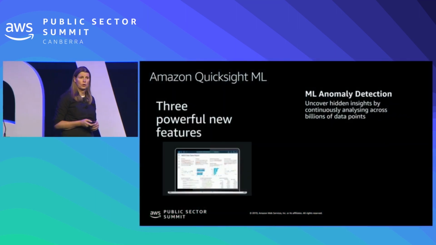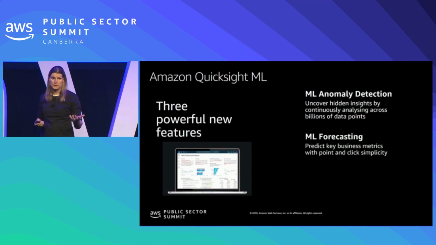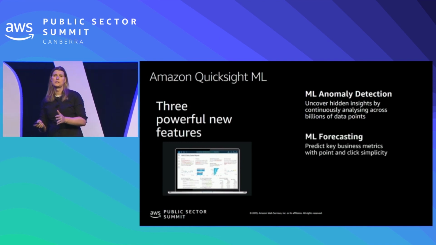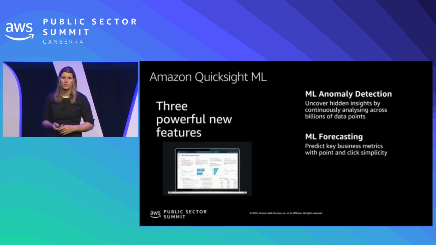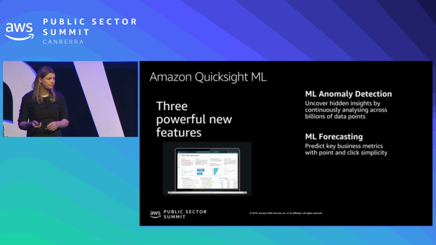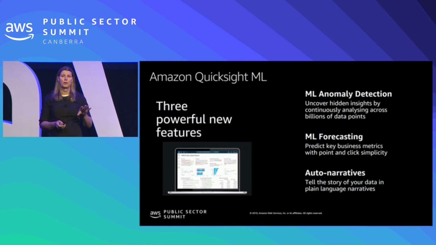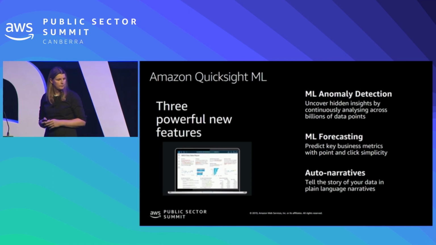It's introduced anomaly detection. Forecasting. Not quite as deep as the forecast tool we just looked at, but if you've got simple forecasting requirements, this is a very, very easy way to consume machine learning. And also auto narratives, which can look at the changes in your data, perhaps look at those anomalies, and help you build a story around that automatically.